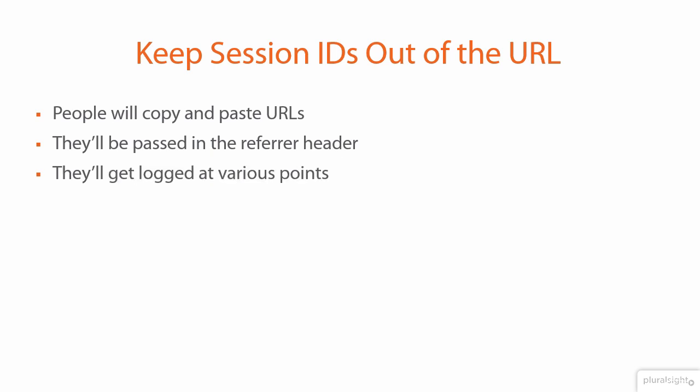And of course, URLs do get logged all over the place as well. And when you've got the session ID in the URL, that piece of sensitive data is going to end up in plain text in all sorts of different places. Now, yes, this will mean that if someone has cookies disabled in their browser, they're not going to be able to log on.